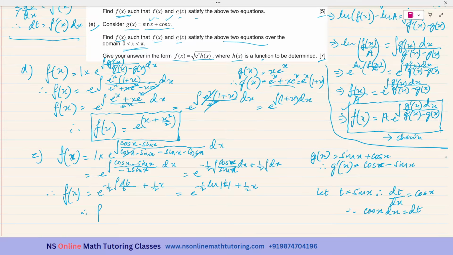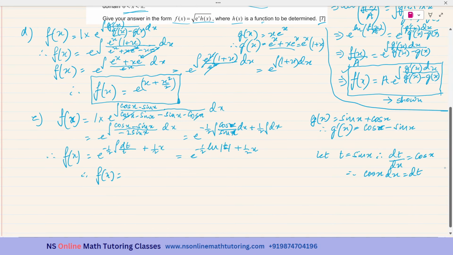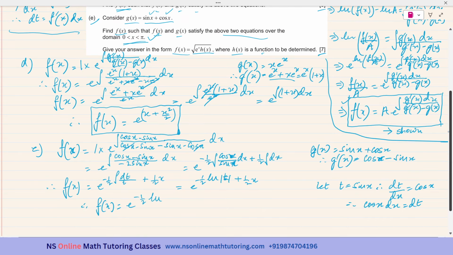So therefore, f of x is equal to, t is equal to sin x, e to the power of negative half ln of sin x. And now you can understand the importance of giving this domain between 0 and pi. That means x is covering the first two quadrants where sin x is positive, because this will be ln of sin x and we cannot have a negative number as the argument of a log function.